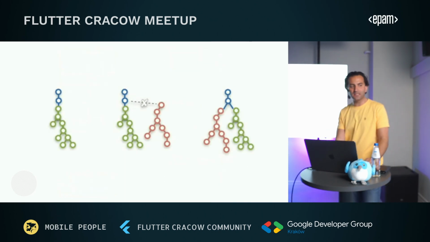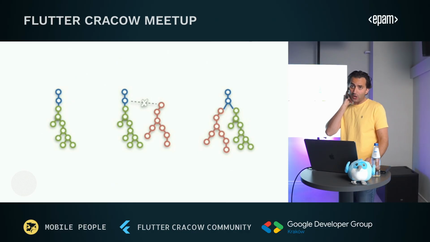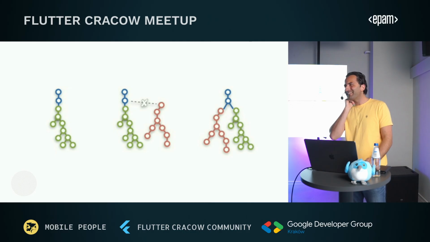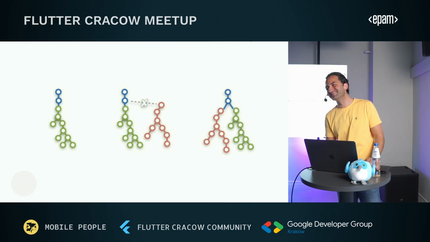So what happens in this case, when the context is not garbage collected? What's the purpose of BuildContext, by the way? Let's have some questions. Access data on an inherited widget, yes.